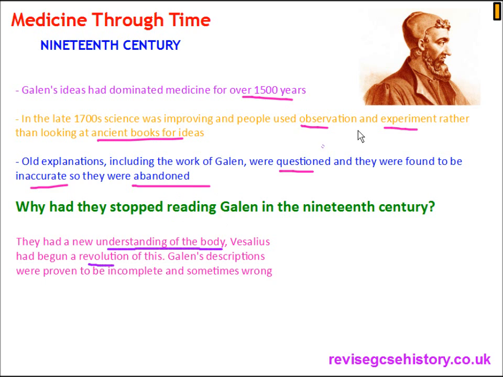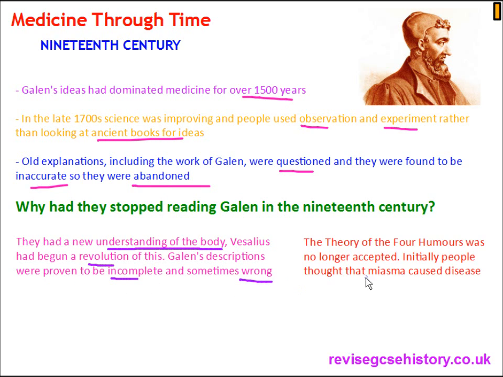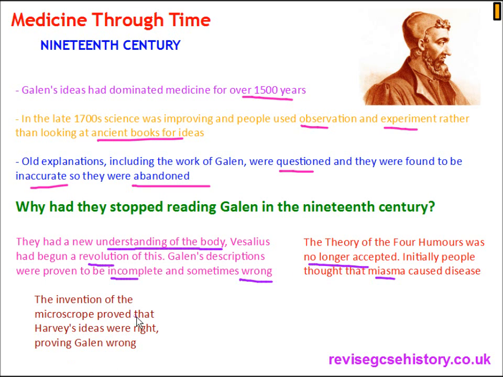So therefore Galen's descriptions were proven to be incomplete and sometimes even wrong. The theory of the four humours was no longer accepted. People thought that miasma caused disease at the start of the 1800s. The invention of the microscope proved that Harvey's ideas were right, proving Galen wrong. Harvey obviously said that the blood circulated. Galen said that it was consumed and created.